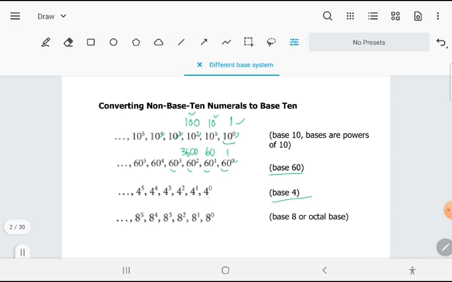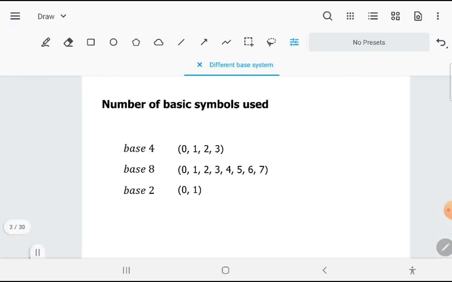When we say base 4, we are using base 4 and raising that to the powers of n. So 4 raised to 0 is 1, 4 raised to 1 is 4, 4 raised to 2 is 16. So their place value system is 1s, 4s, and 16s. So your octal base, or base 8, 8 raised to 0, so 1, 8s, and 64s, and so on.